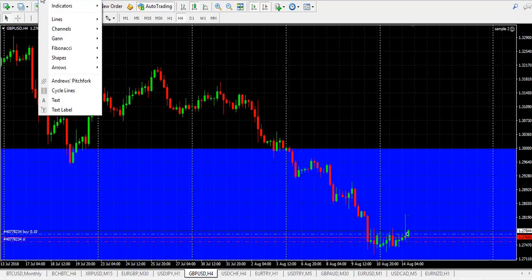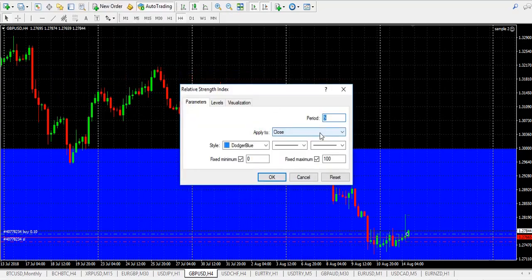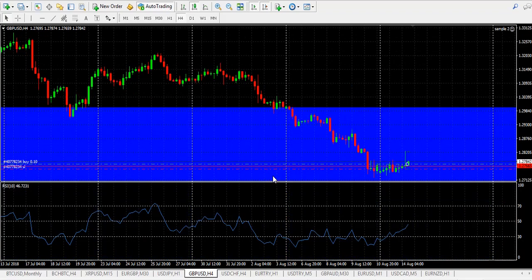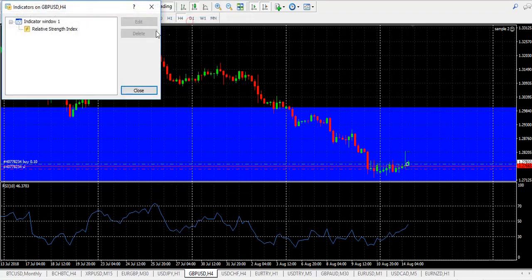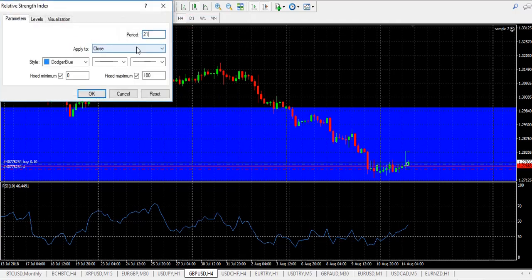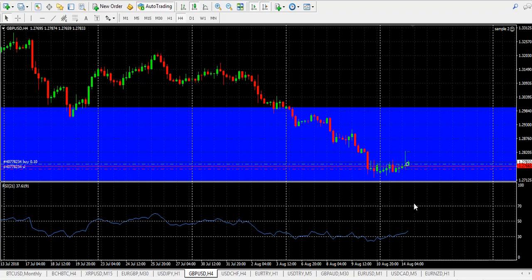If I put my RSI on here, we're probably pushing out of oversold. So with that, we can see divergence.